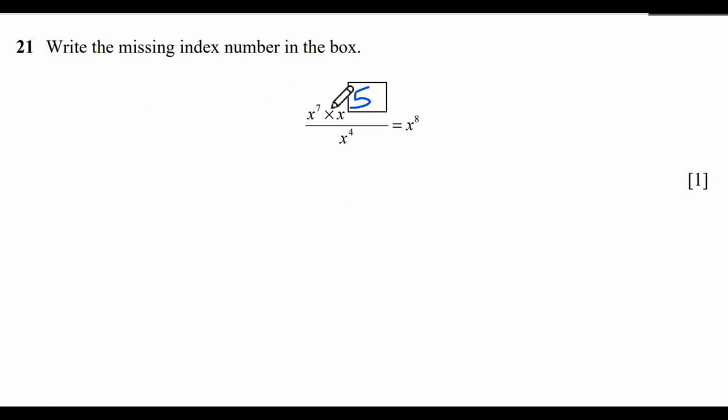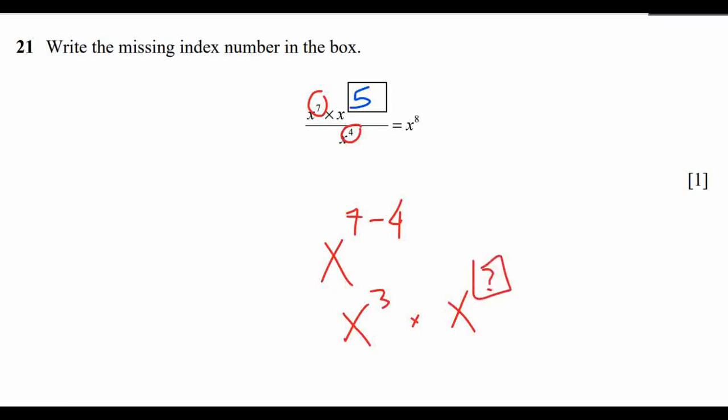So the answer is x to the power of 5. How do we get that? In here we have 7 and 4. When it's division, we simplify the index by subtracting: 7 minus 4 gives x to the power of 3. And times x to the power of something in the box, we have to get x to the power of 8.